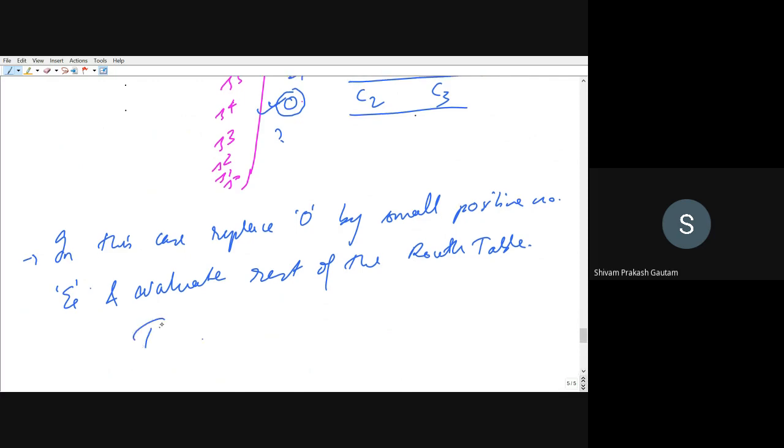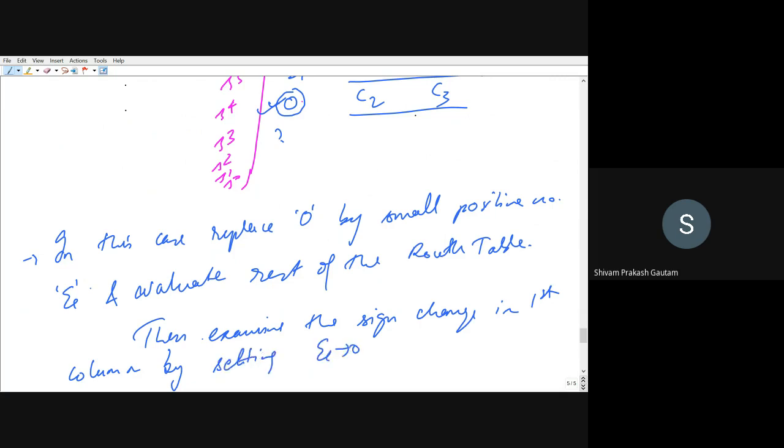Then examine the sign change in the first column by setting zeta tends to 0 positive.